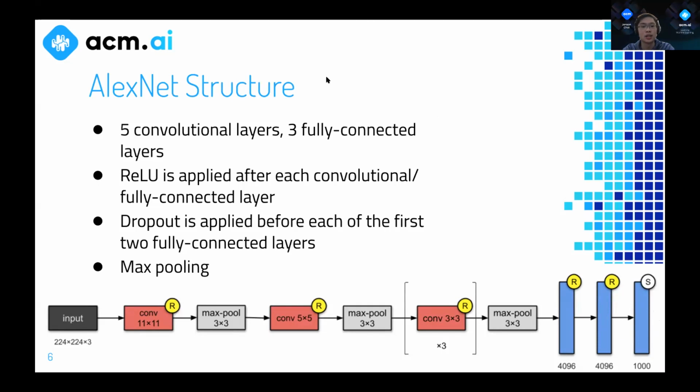And in addition, dropout is applied before each of the first 2 fully connected layers. So we haven't gone over what a dropout layer is, but it's basically a form of regularization to combat overfitting. And also max pooling is the pooling of choice here.